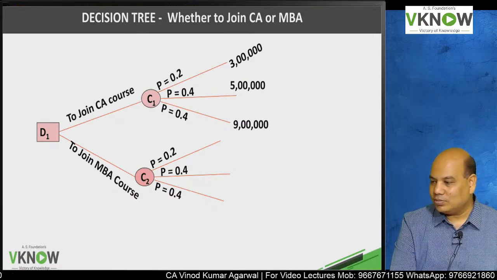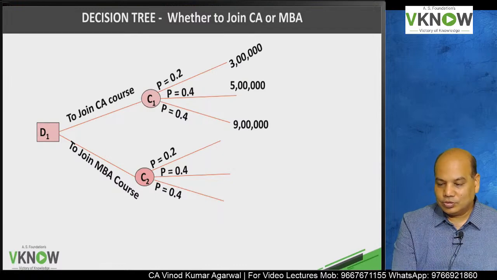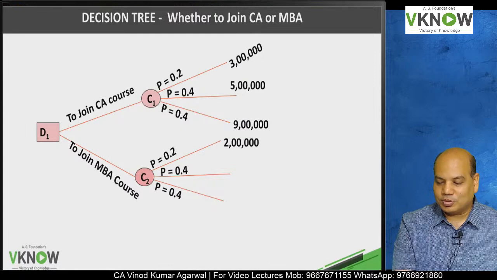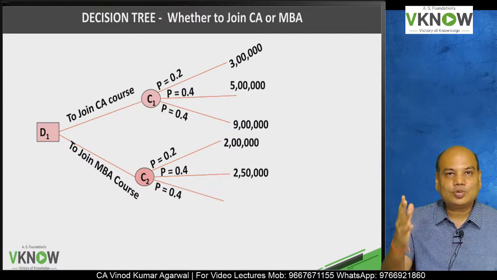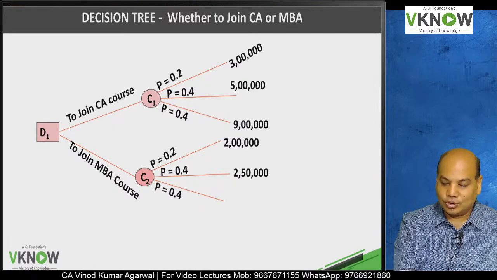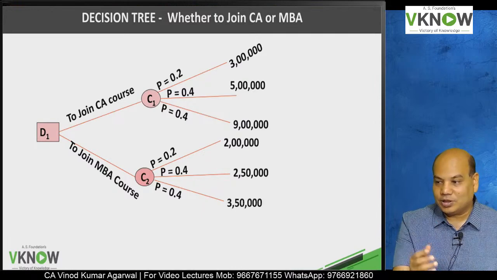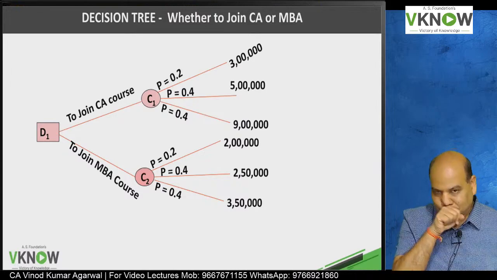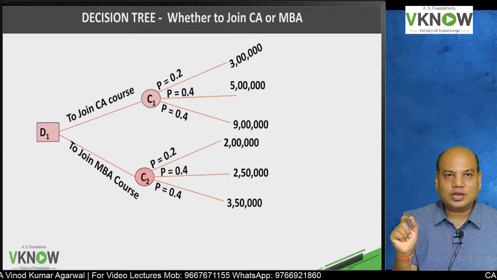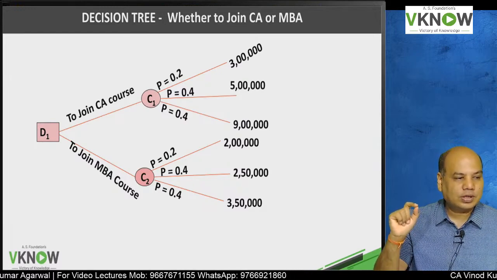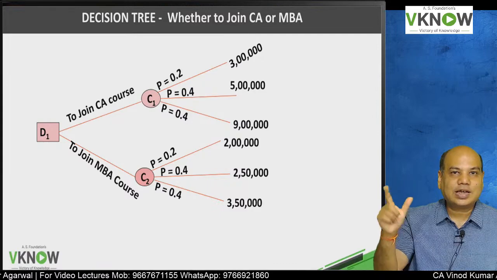So if you do the MBA course, you will get 2 lakh rupees with 0.2 probability, or 2,50,000 with 0.4 probability, or you may get 3,50,000 with 0.4 probability. Suppose the decision is taken only on the basis of which course will give me a higher salary.